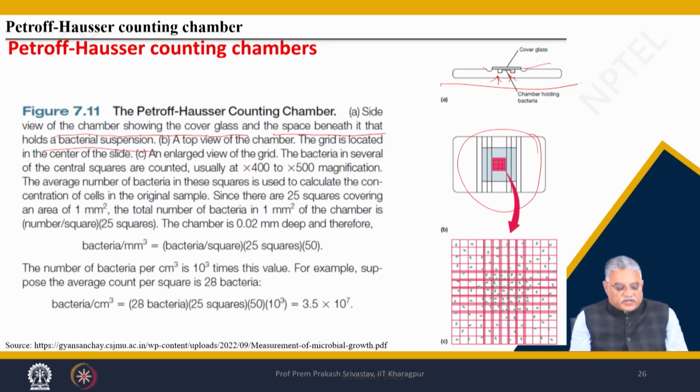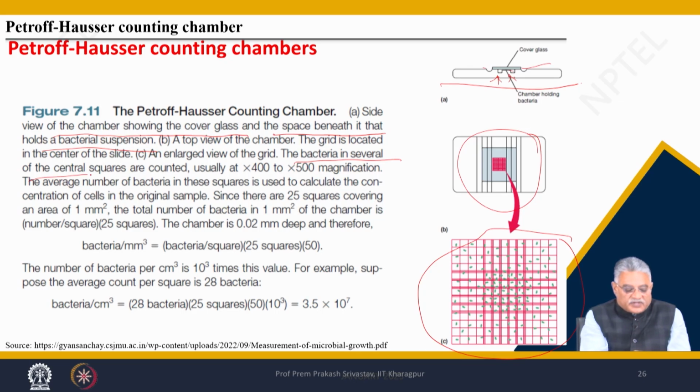The grid is located in the center of the slide, and this is the whole view of the grid where the bacteria in several of the center squares are counted.